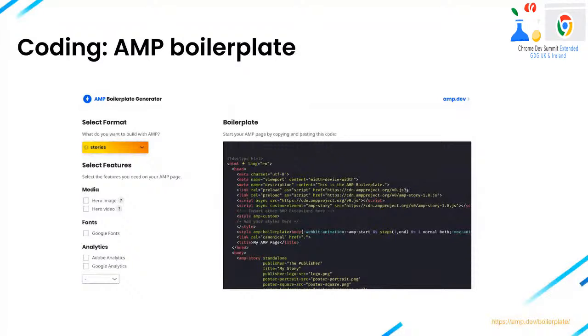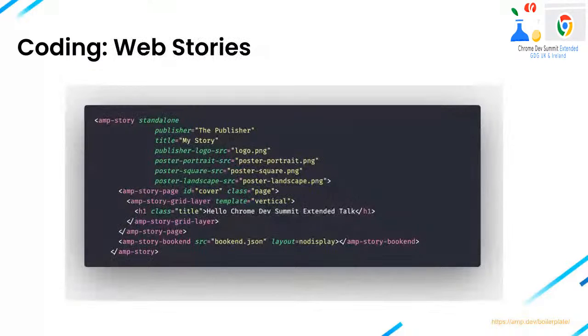After that, we see the import for the AMP script and the whole base. That's the base configuration you'll have in one AMP page, and you don't need to memorize it. You just go to the boilerplate, get that base, put it in your project, and start coding. Once I have my page, the first step is to create our web story.